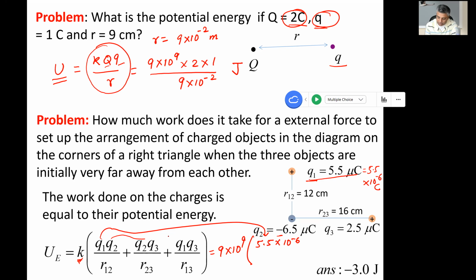Now, how about Q2? Q2 is 6.5, but it's negative, so you want to include that negative right there. Okay, so that's Q1 and that's Q2, and over the separation distance between them, that's 12 centimeters, meaning 12 times 10 to the power -2 meter.